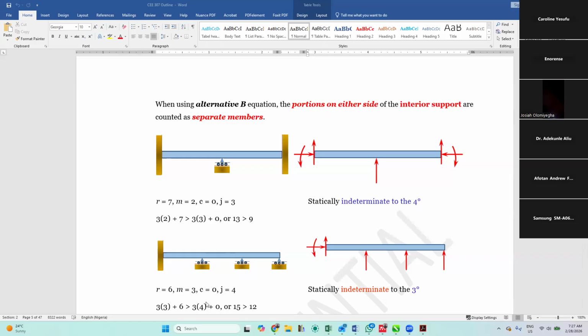Easily you can determine whether it is determinate or not. So it is being able to identify all these particular unknowns before you are able to determine whether it is indeterminate or determinate. Now, when we want to analyze a structure, if it is determinate, that means we can use our normal principle of summation of forces along the x-axis to be equal to 0, or summation of forces along the y-axis to be equal to 0.